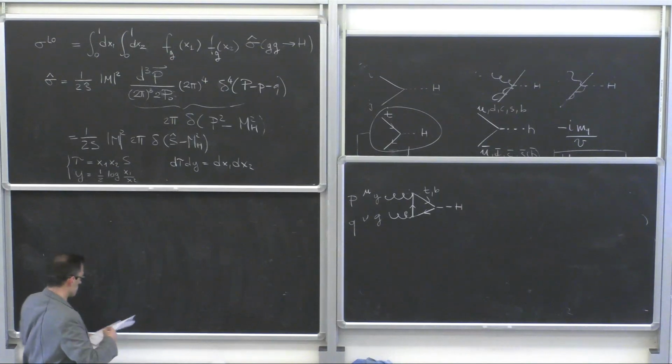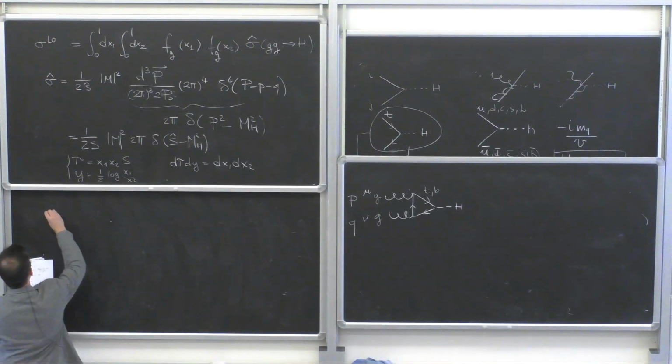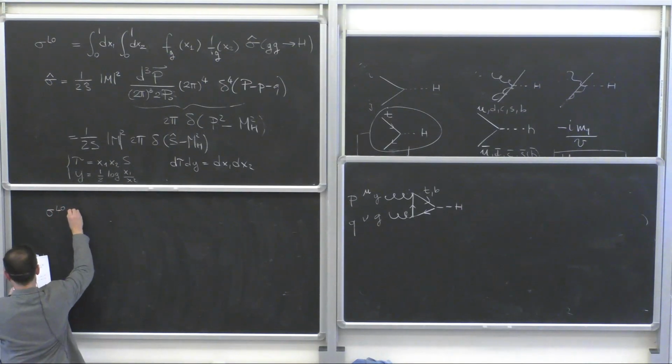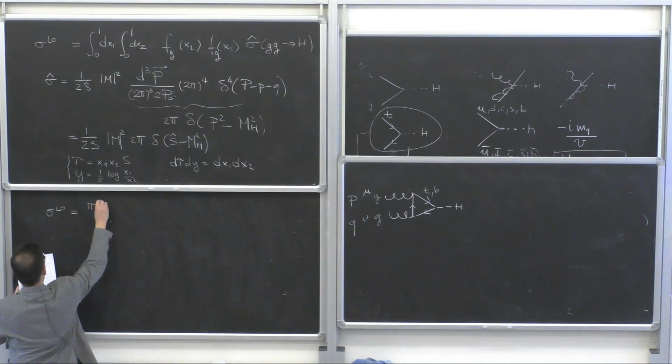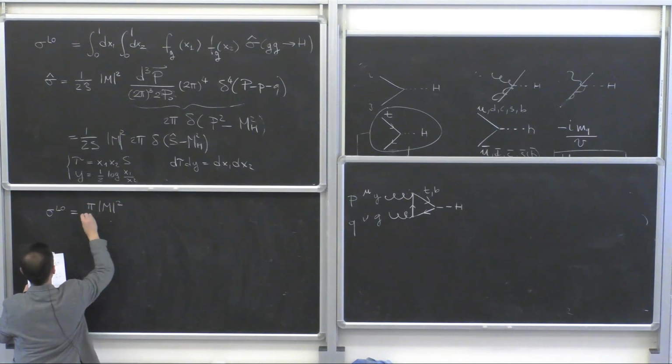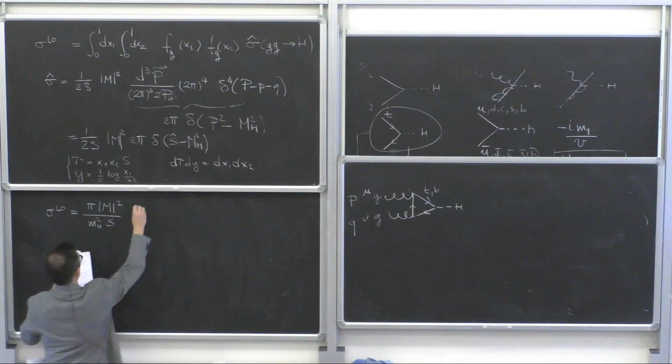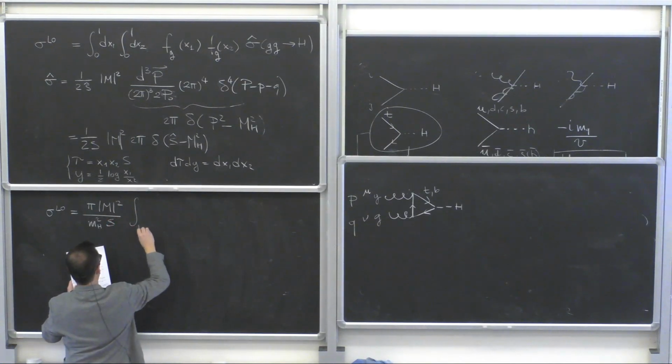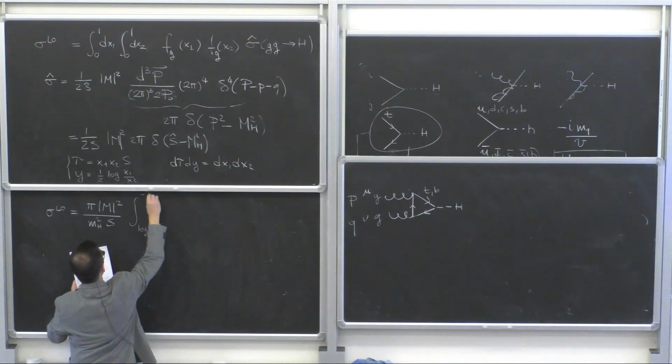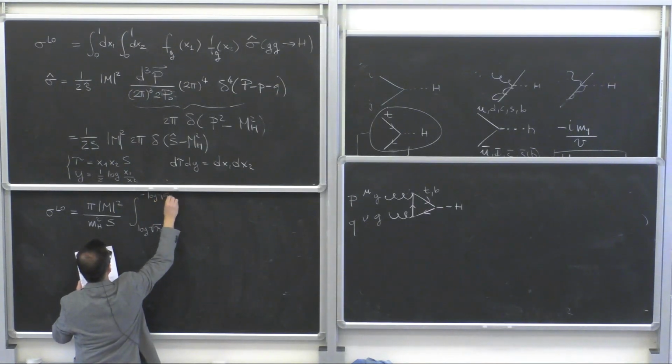Okay, so my final formula is sigma is equal to pi, the matrix element squared, mx s, the integral from log of tau to minus log of square root of tau 0.